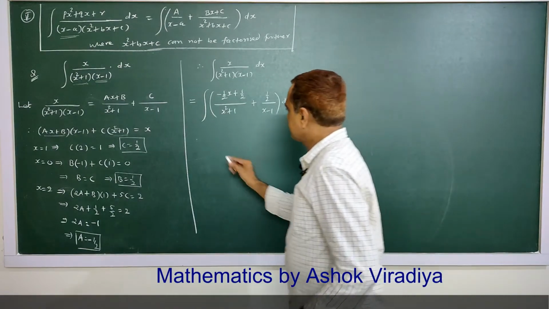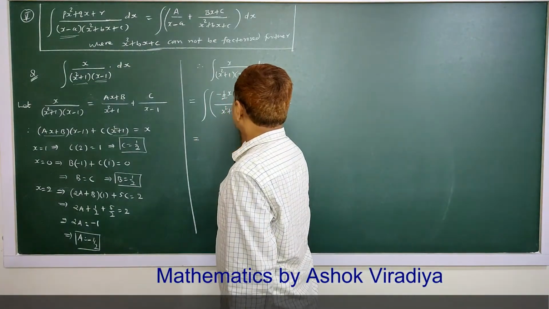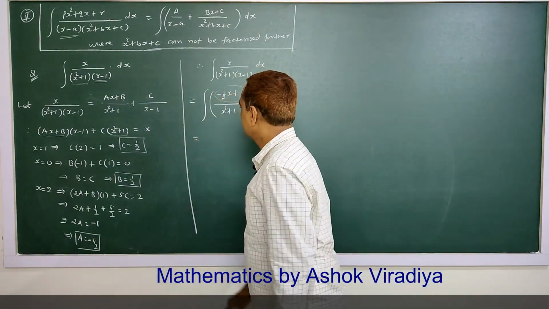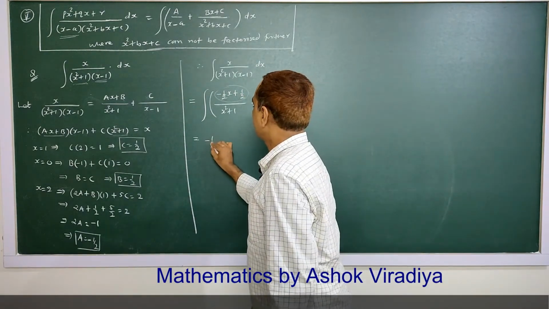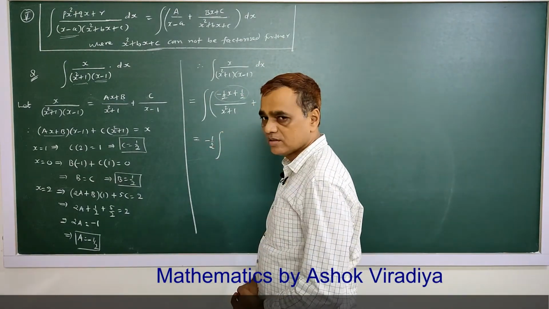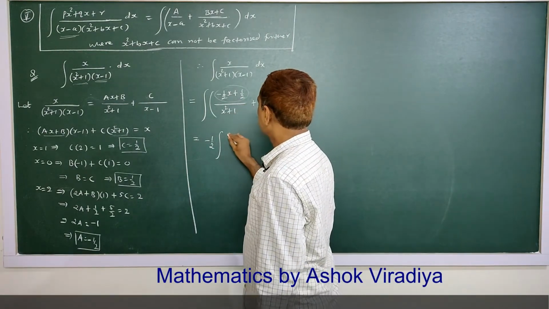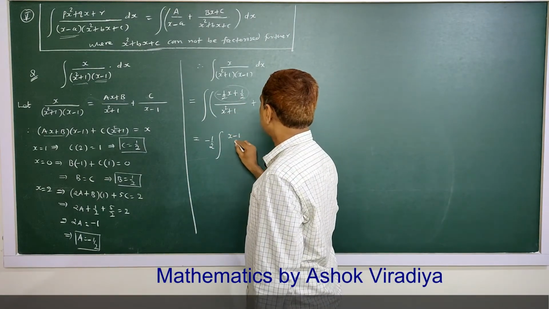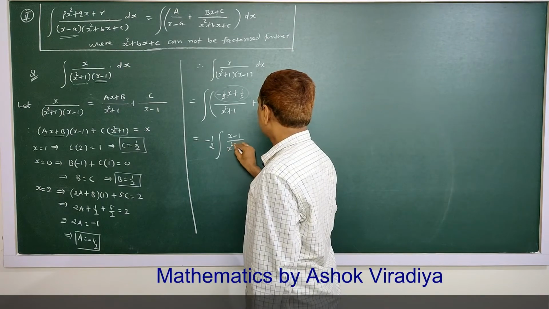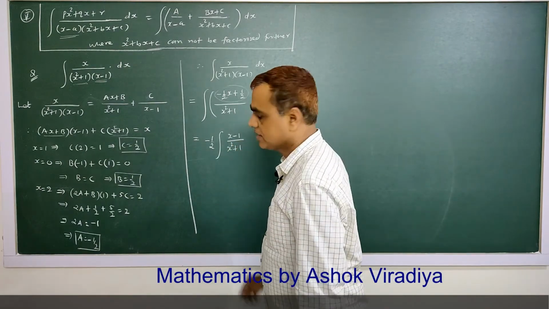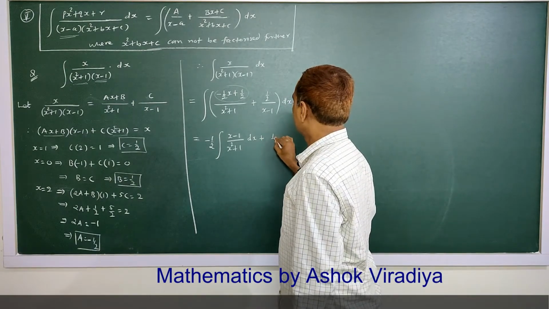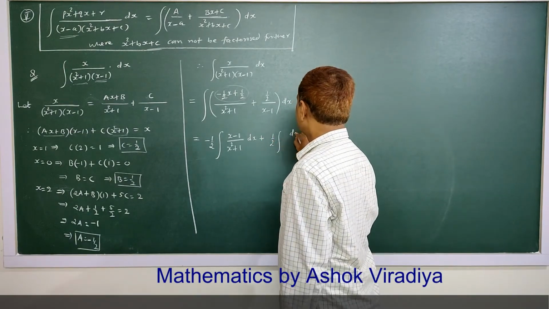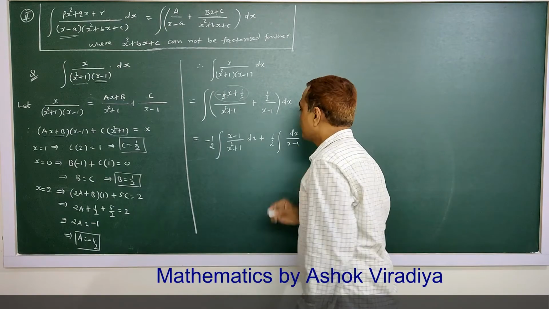Now integrating this, from this part we can take minus 1 by 2 common. Taking minus 1 by 2 common, inside, x minus 1 is left upon x square plus 1 dx, plus 1 by 2 times dx upon x minus 1.